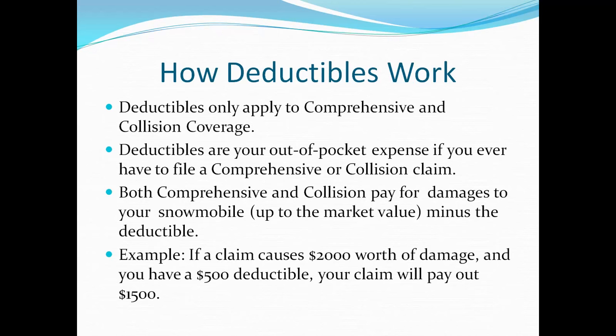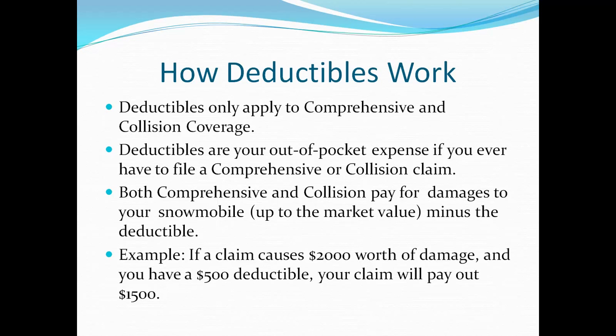If you choose to take out comprehensive and collision coverage on your snowmobile, it's important that you understand how deductibles work. Deductibles are your out-of-pocket expense if you ever have to file a comprehensive or collision claim. And the way it works is, it pays for damages up to the value of your snowmobile minus whatever deductible you took out.